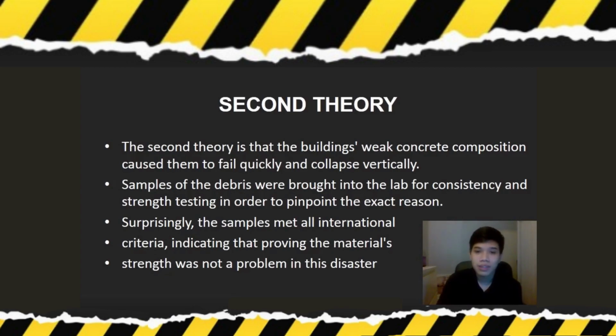But surprisingly, the samples all met the international standards or criteria, which indicates that material strength was not a problem in this disaster. So after this theory was investigated and checked, it was quickly withdrawn, and this was not the reason for the building's collapse. This led us to the third theory.